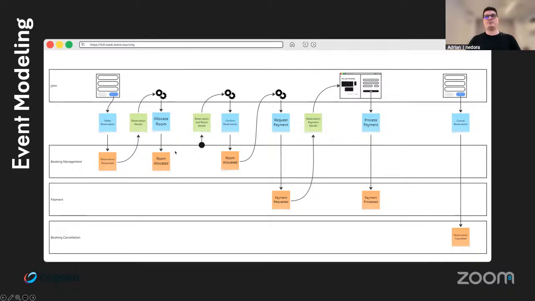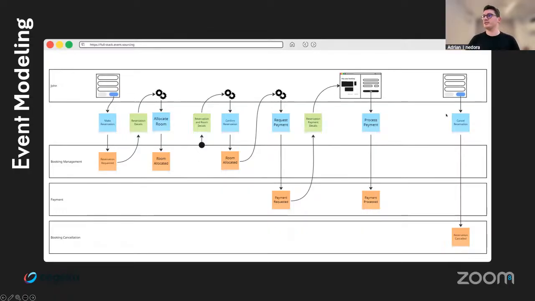What is really nice about event modeling is that you have everything in front of you. You can see that after a reservation has been requested, you get the reservation details, and we try to allocate a room. If the room was allocated, we proceed with requesting the payment. The user gets redirected to the checkout page, pays, and if the payment is done, then the payment is processed.